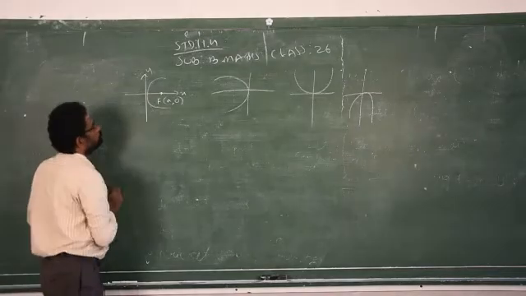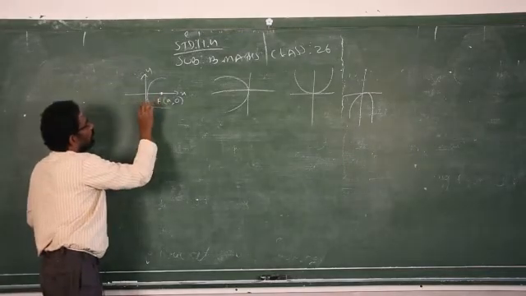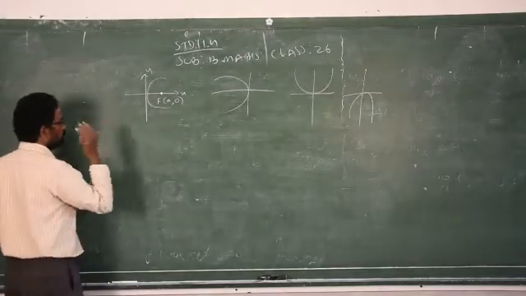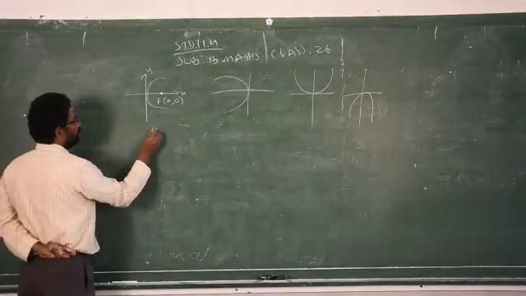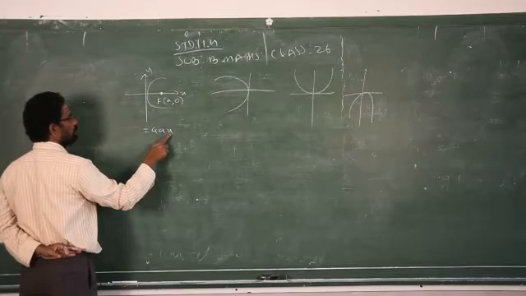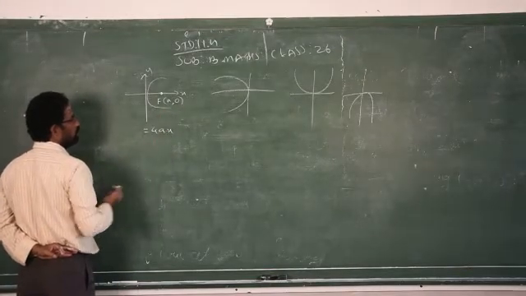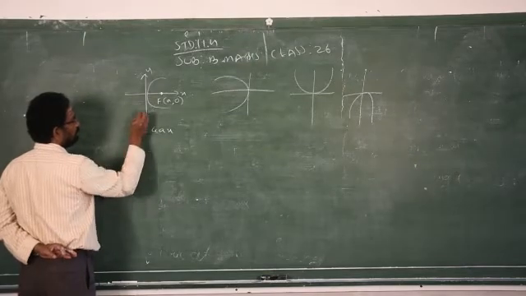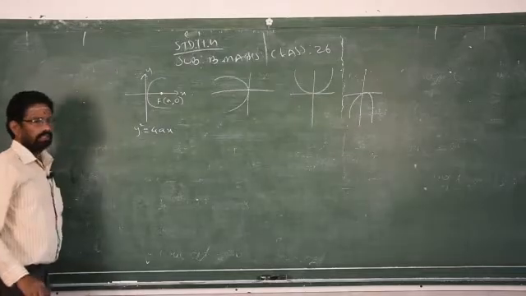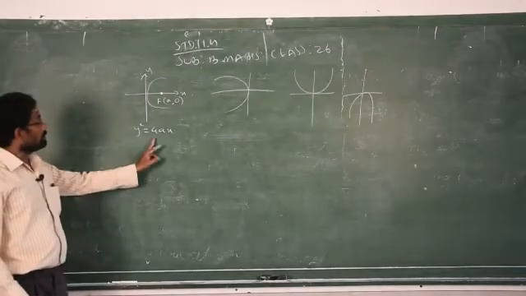Clear? Now, you have the focus on which axis? X-axis, positive side. Therefore, just keep it in your mind, 4ax, because the focus is on the x-axis. The focus is not on the y-axis, so we have one more axis left, that is y, that you have to square it. y square is equal to 4ax, positive side.